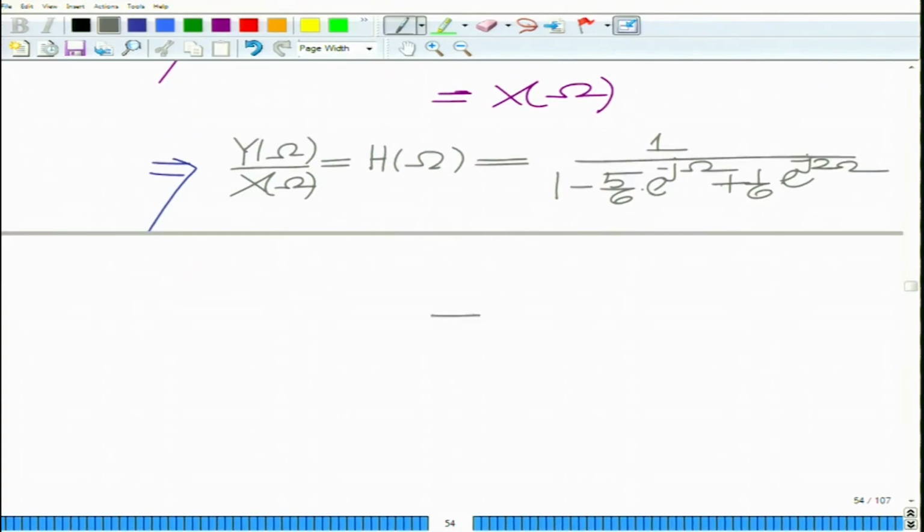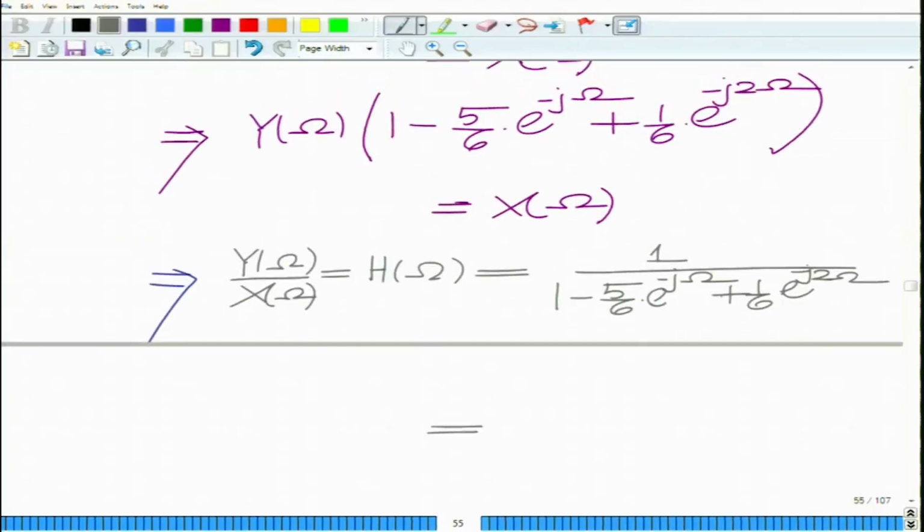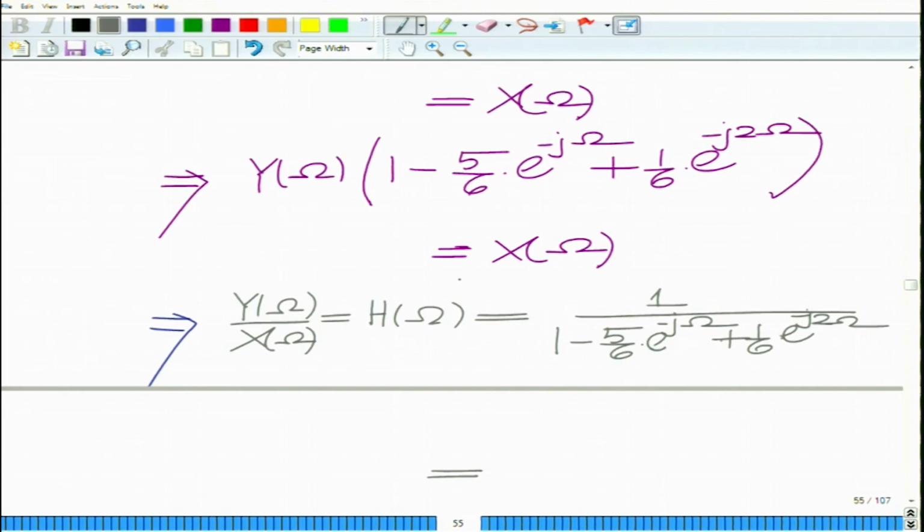Now I am going to first factorize this, then do the partial fraction expansion, and from that derive the impulse response. So, this is the frequency response H(omega). This answers the first part of the question.